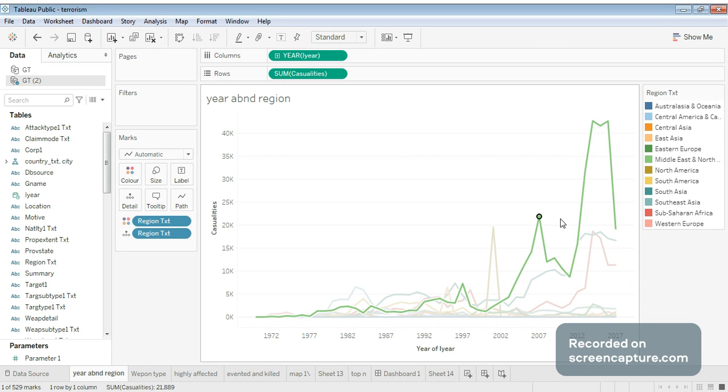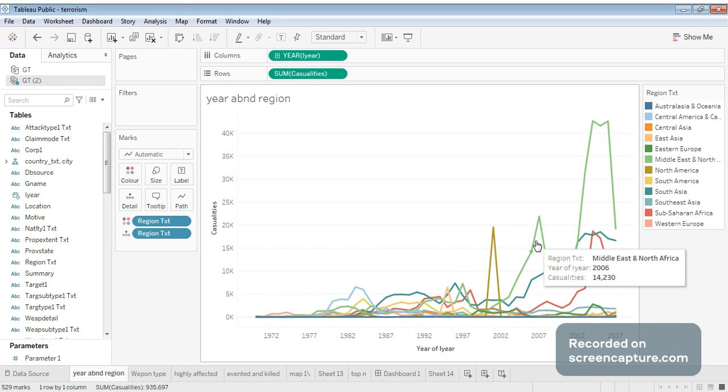In the years 2016 to 2017 the spike has gone too high. The casualties are at least 40k.